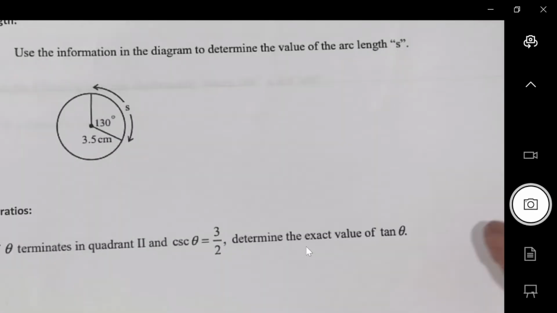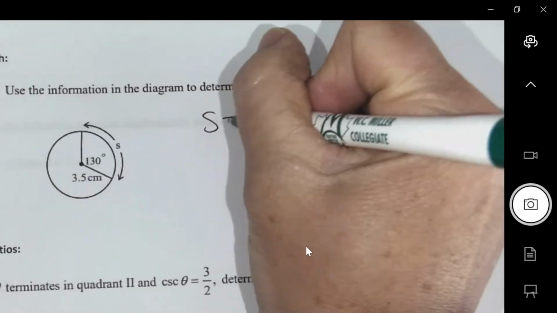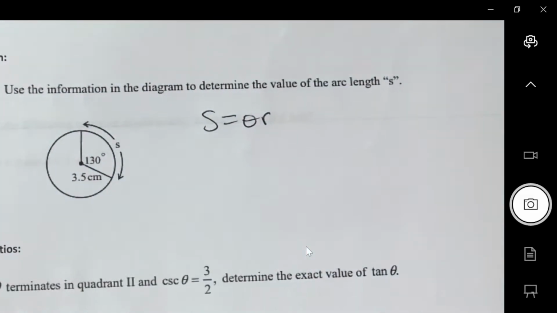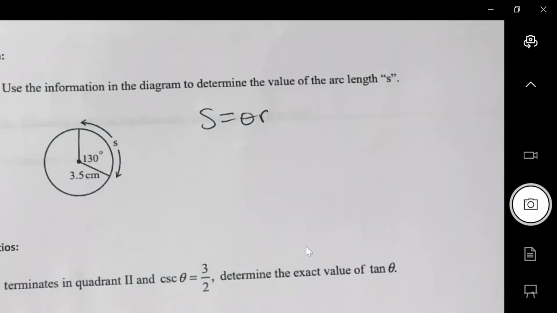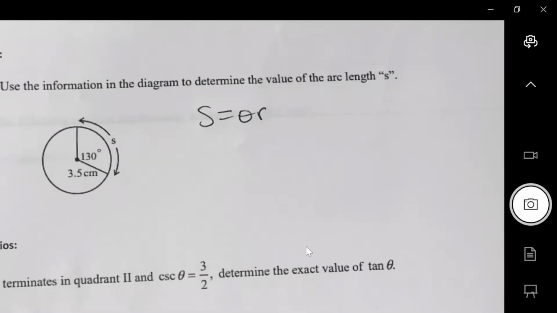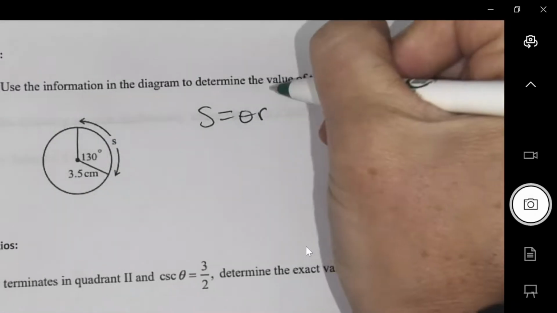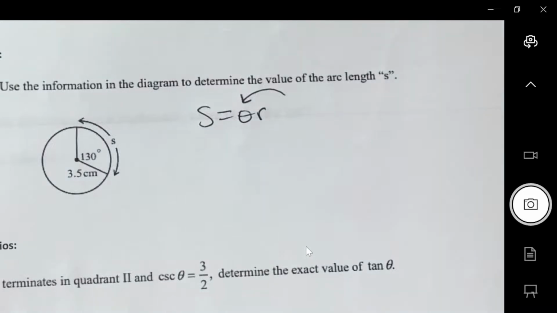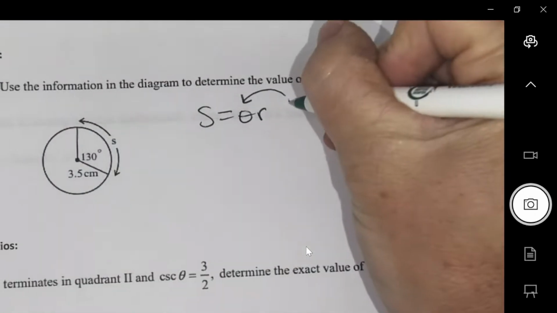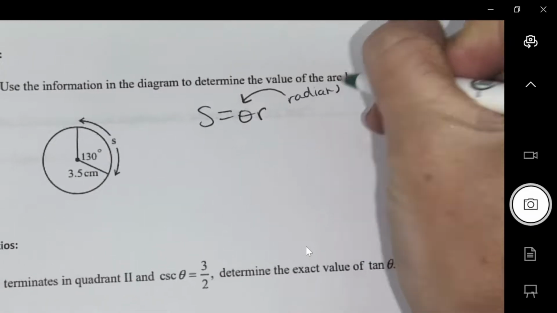What is the arc length? So this is the formula on your formula sheet. When you use this formula, it doesn't tell you, but what do you know about the angle when you do arc length? It has to be, oh good, everybody remembered. Radians.